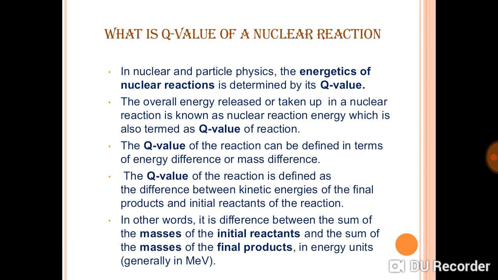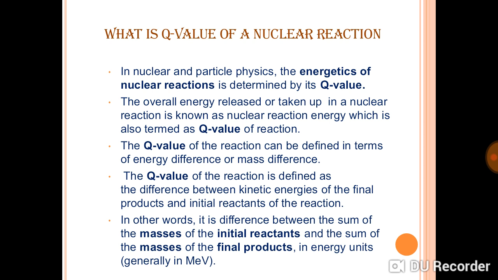In nuclear and particle physics, the energetics of nuclear reactions is determined by its Q value. The overall energy released or taken up in a nuclear reaction is known as nuclear reaction energy, which is also termed the Q value of reaction. The Q value of reaction can be defined in terms of energy difference or mass difference.